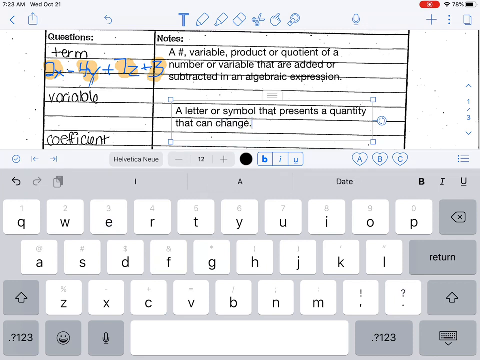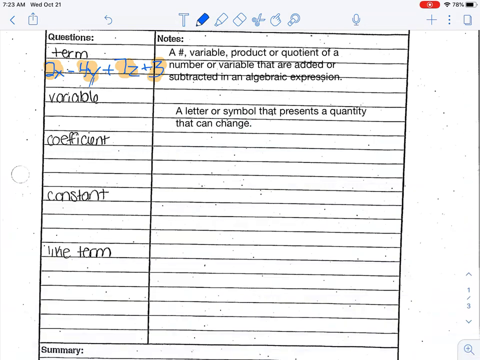So basically for us, a variable is just going to be a letter this year. An example might be X, Y, or Z. And when I make my Z's, I put a line through it so it doesn't look like a 2.